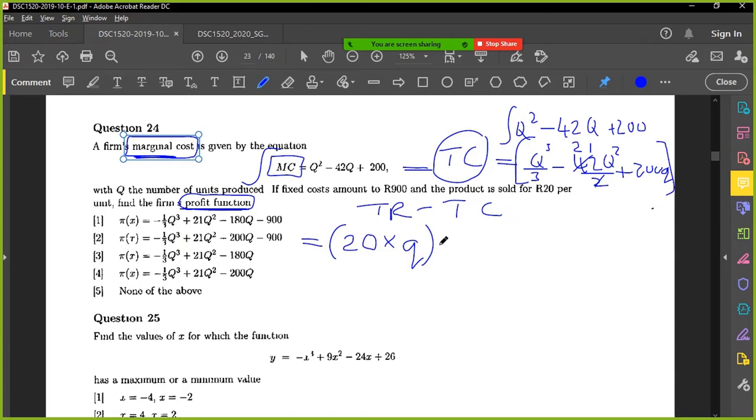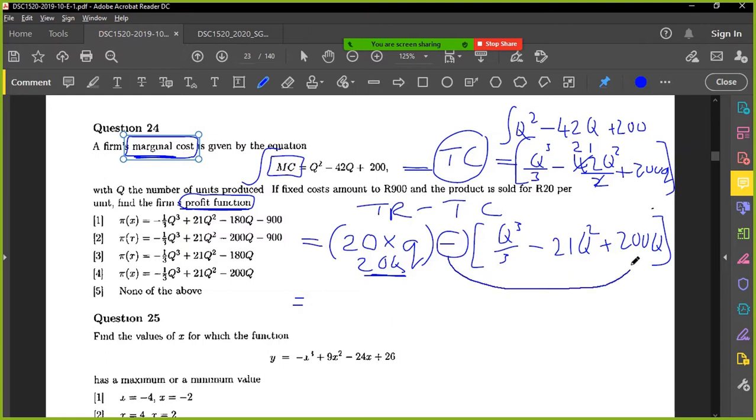So total revenue minus total cost. So 20 times Q is 20Q. Do you agree? Yes. So 20Q, and then I've got a minus here, so a minus and a minus is a plus. Is that right?